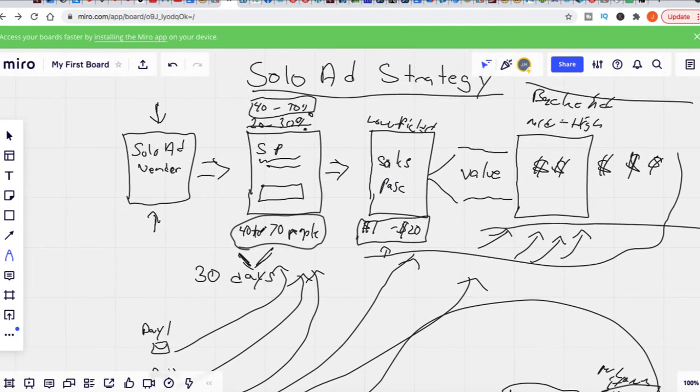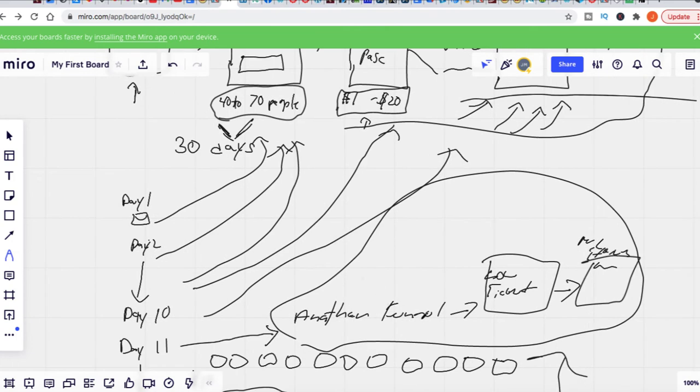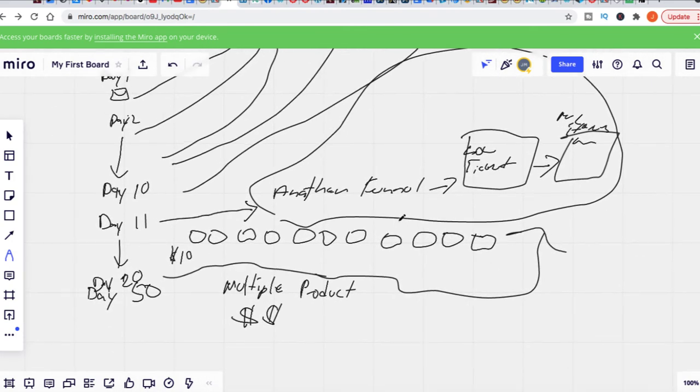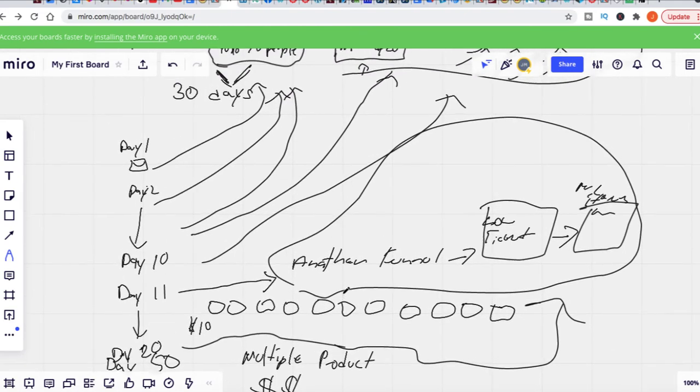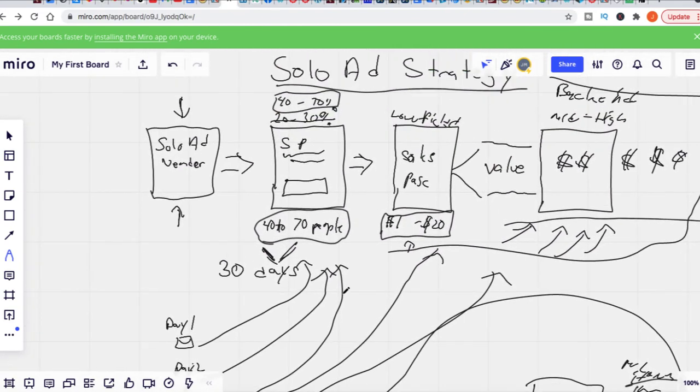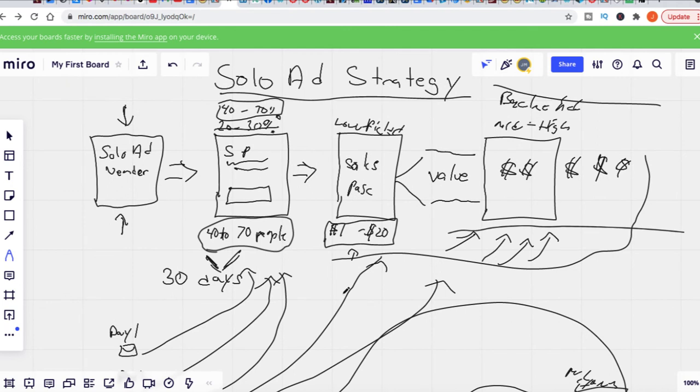The leads, these 40 people, these 70 people going through your first funnel, whether they buy or not, are going to end up in funnel number 2, funnel number 3, and funnel number 4 as your email marketing campaign goes out. Then you're going to start seeing more and more revenue being earned on a day-to-day basis if you have this set up.